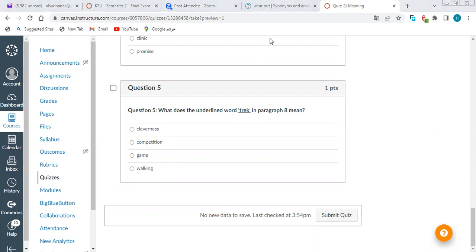No, it's not cleverness. The passage doesn't address cleverness. الباسج لا تتناول cleverness المهارة. تتناول إيه؟ Could you please remember?